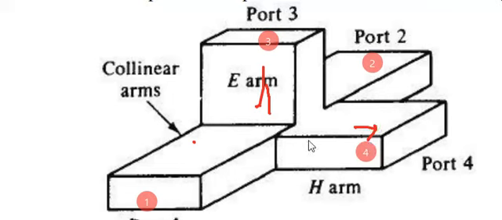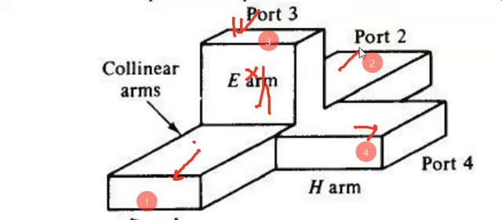If a wave is fed into port 4, it will be divided equally between port 1 and port 2 of the collinear arms and will not appear at port 3. If a wave is fed into port 3, it will produce an output of equal magnitude and opposite phase at port 1 and port 2.